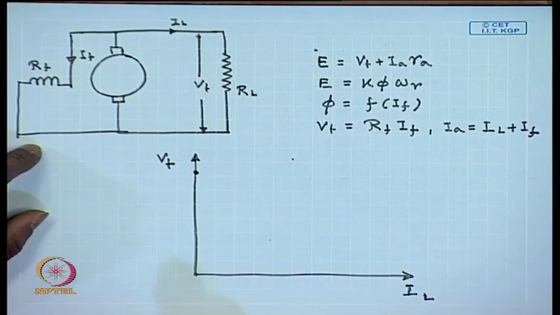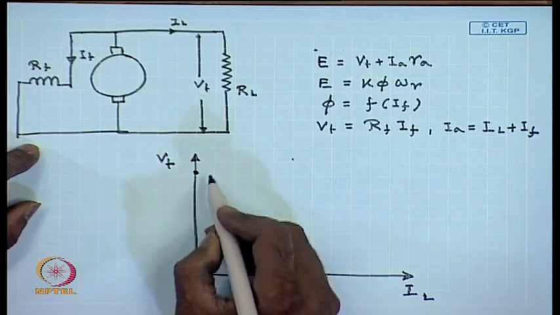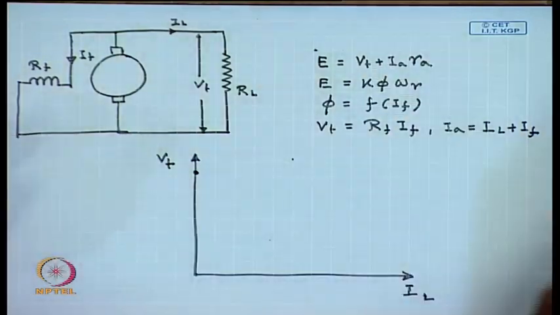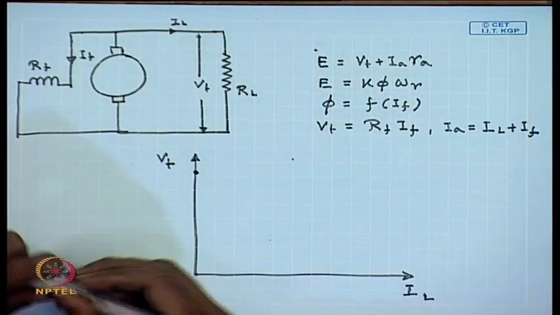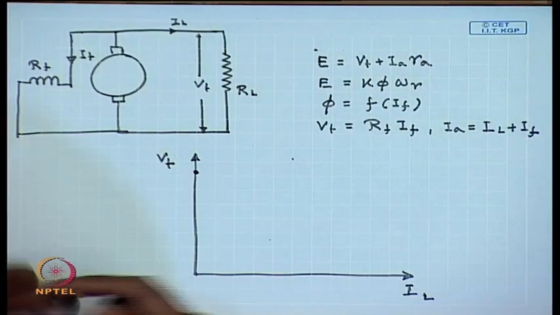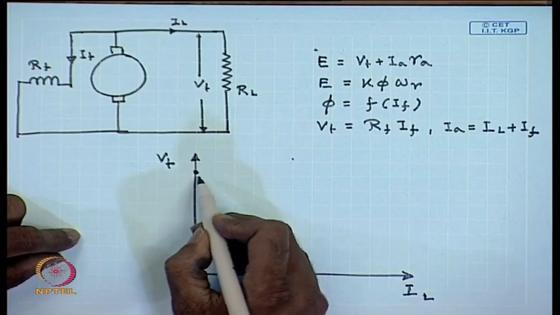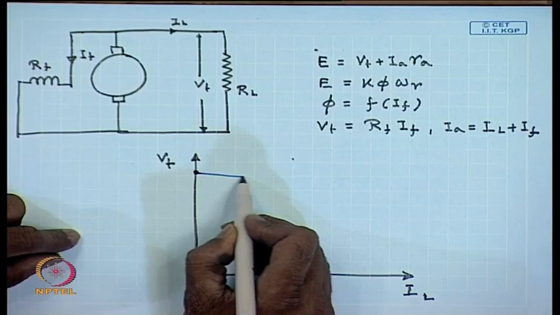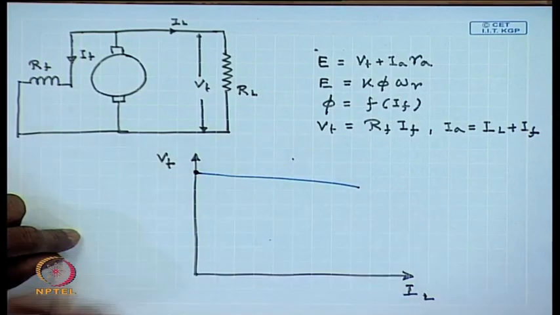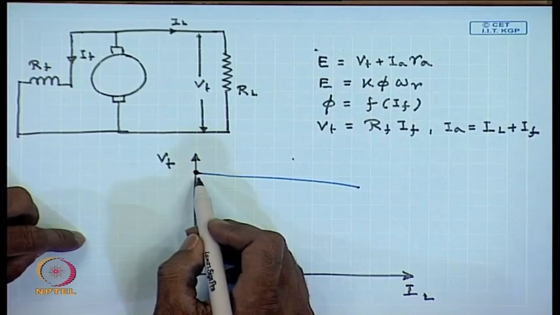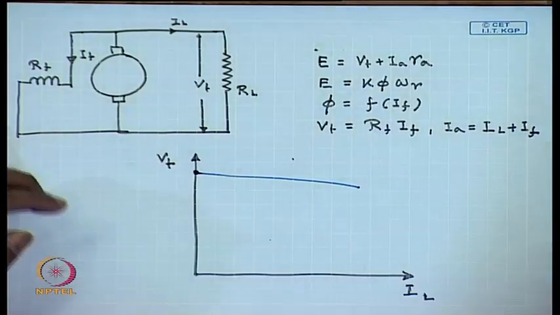Even if the two machines are adjusted such that they produce the rated voltage at no load, both a separately excited machine and a shunt machine, if they are adjusted to produce the same no load voltage, for a separately excited machine the terminal voltage will drop, but for a shunt machine this voltage will drop much faster.